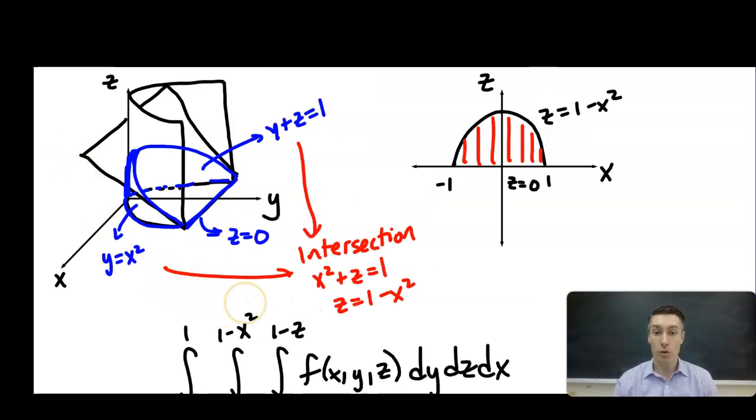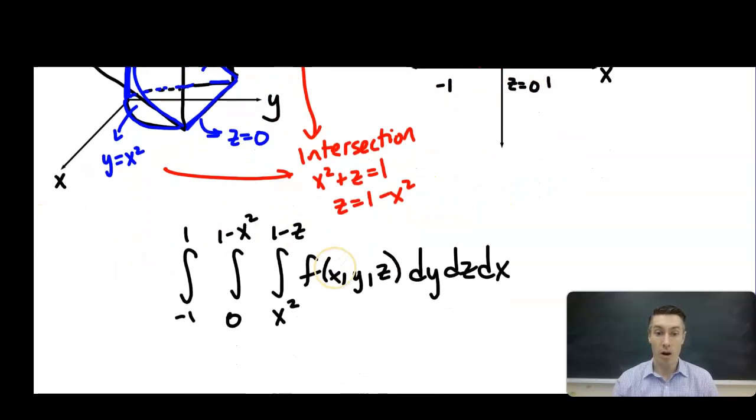As a type 2 region, we're projecting onto the xz plane, so defining them in terms of y equals surfaces. Notice the intersection between two of these surfaces, y equals x squared and y plus z equals 1, gives us x squared plus z equals 1, z equals 1 minus x squared. So that's what the projection or the shadow is going to look like. The other is z equals 0.